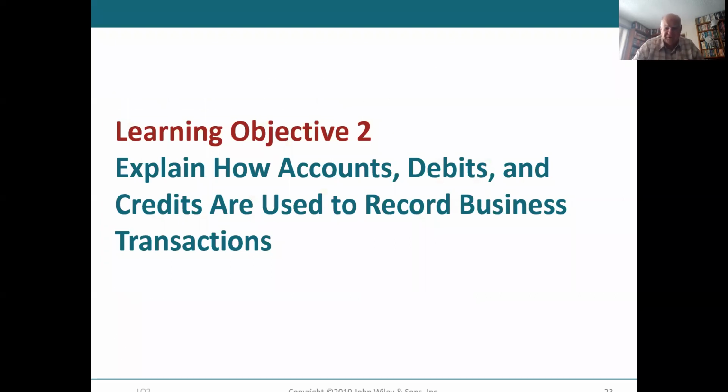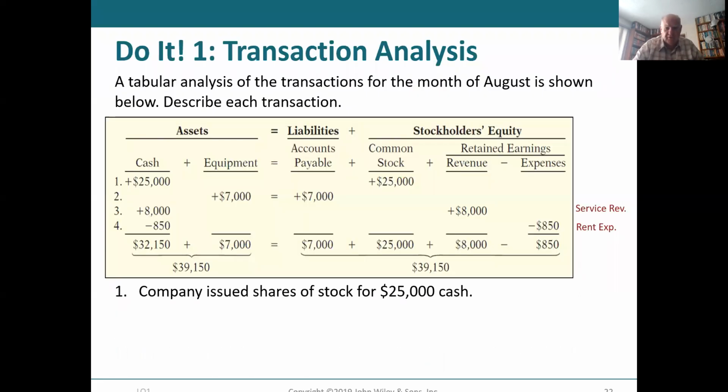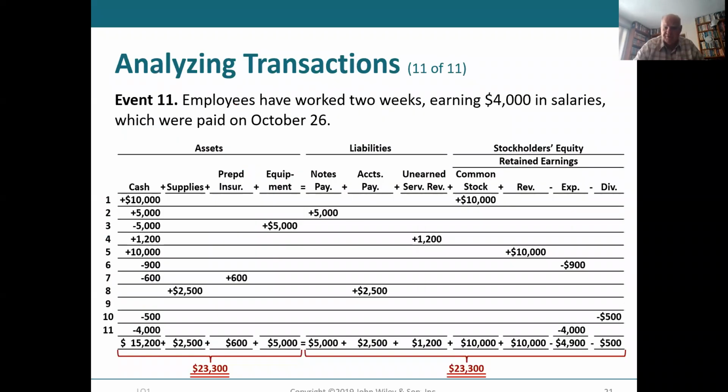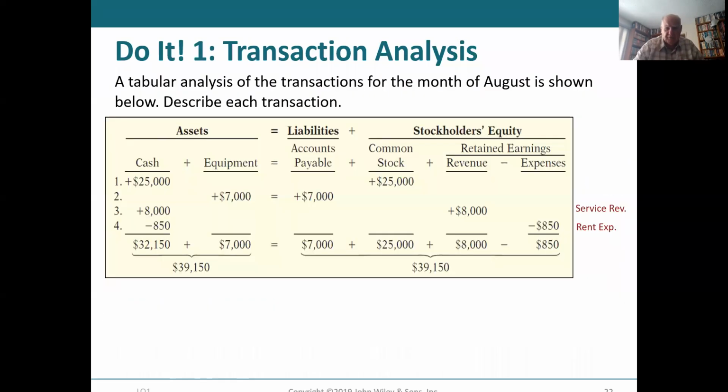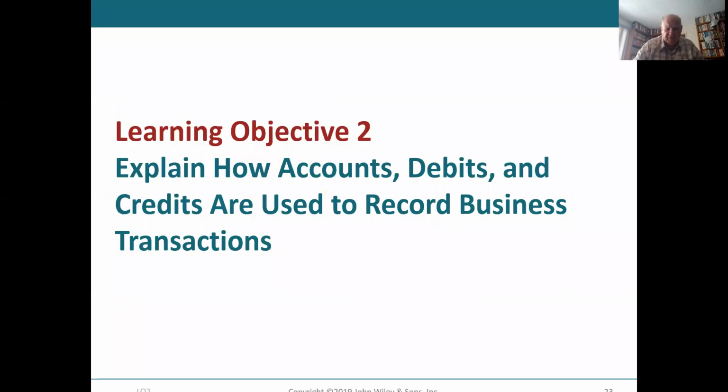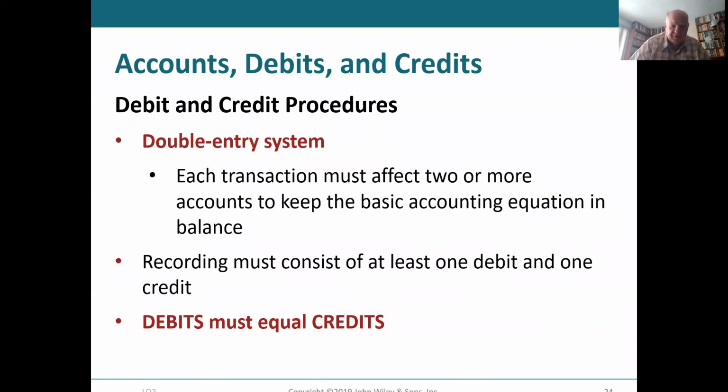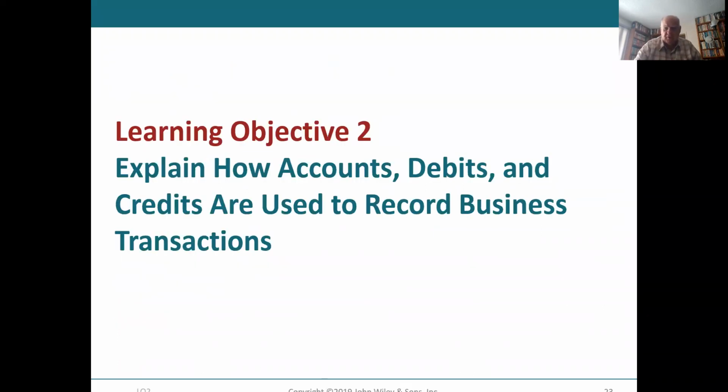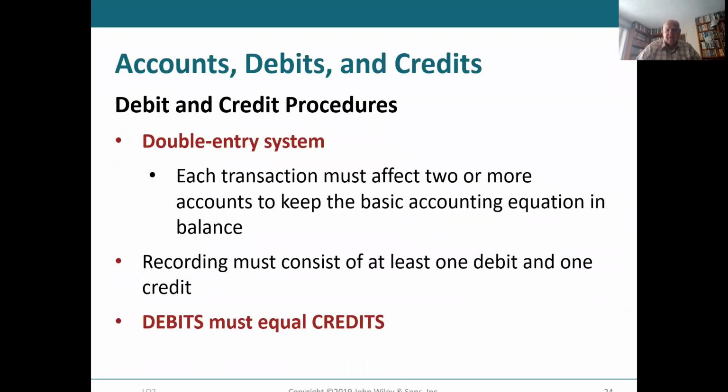Now, what we just did here was some work using this horizontal worksheet. Now we're going to do probably the same transactions, doing them with debits and credits. This is going to trouble you for a while. This is a little bit difficult when you first get started. Some of it is counterintuitive.